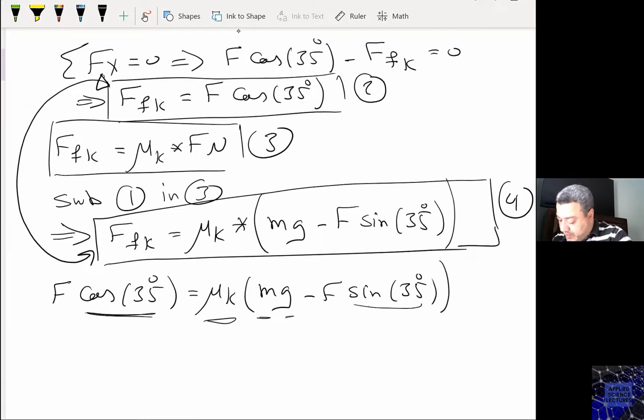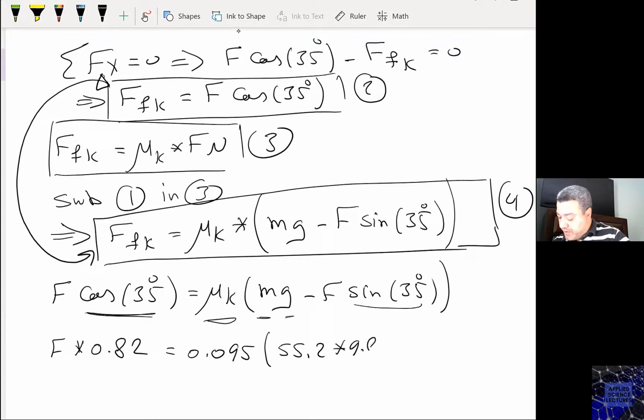Right? So I have here F times 0.82 equals mu k, 0.095, times m, mass is 55.2, times 9.8, minus F times sine 35, which is 0.57.